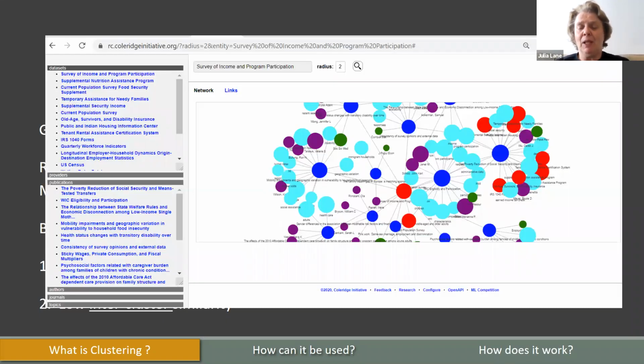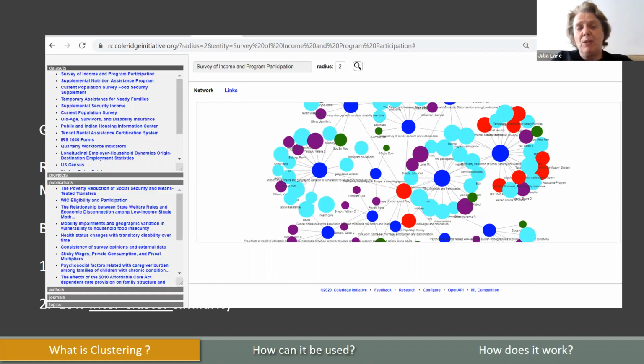So here's an example. If you're interested, for example, in welfare, a major survey is the Survey of Income and Program Participation. In some work that we've been doing at the Coleridge Initiative, we've been trying to figure out which data sets are like the data sets of the Survey of Income and Program Participation. So how can we figure that out? It's like Amazon.com: if you liked this book, here are other books you might like.